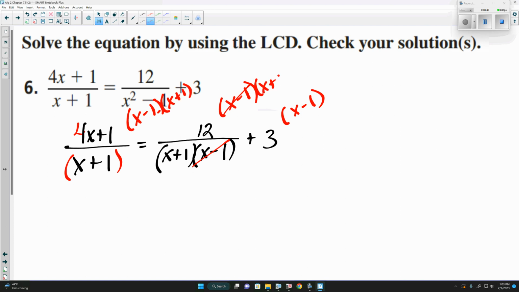We also need to multiply everything by x plus 1. So in the middle, the x plus 1 and x plus 1 would cancel. The first one, x plus 1 and x plus 1 would cancel. So we do need one x minus 1, and we do need one x plus 1. We don't need 2. And that's what I was going to say with the x squared minus 1. It would give us an extra set of factors.